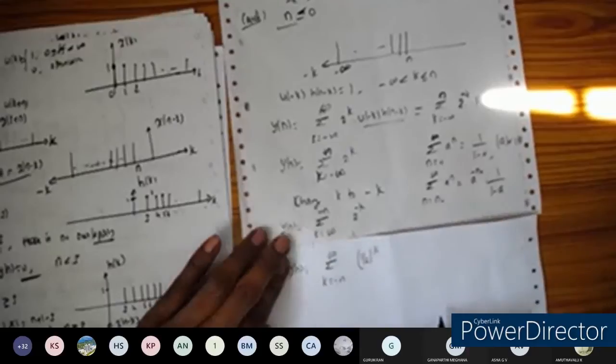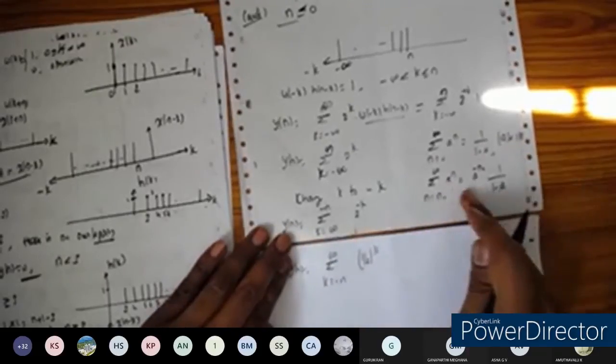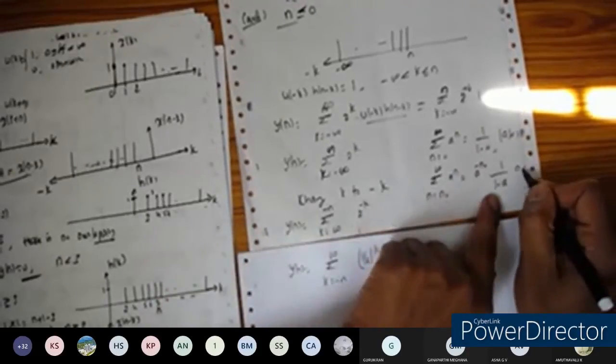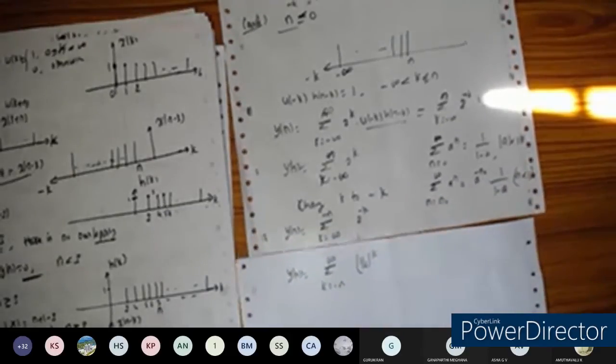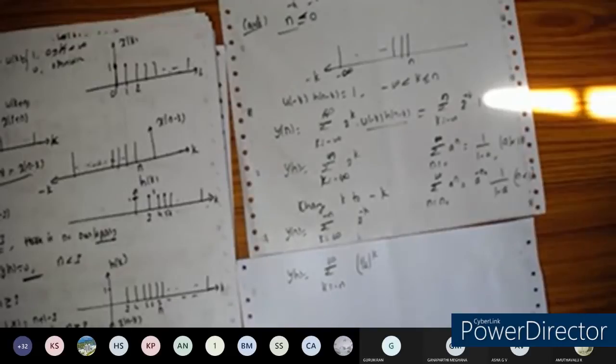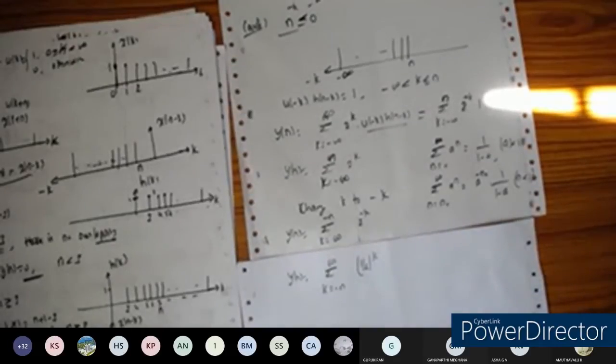Then we can apply this formula. The value of a is less than 1, so it is going to suit here. Right? Done, right?